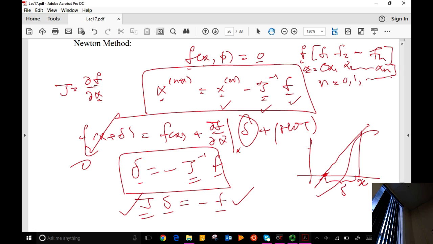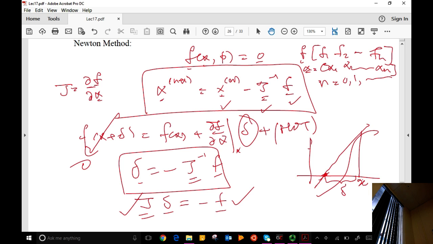So you can use the LU decomposition, you can use all the tools to invert this matrix J to solve this linear problem. But this linear problem has to be solved many, many times for a nonlinear algebraic equation. That's why it's so important to have a linear solver that is extremely efficient, because that algorithm will be called millions of times when you're solving a nonlinear problem.